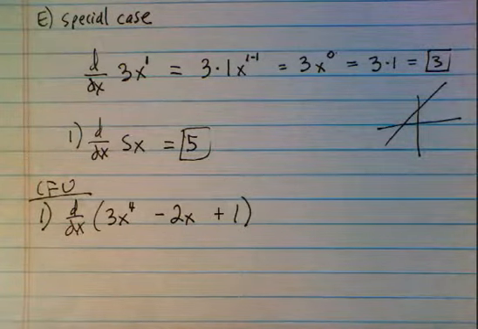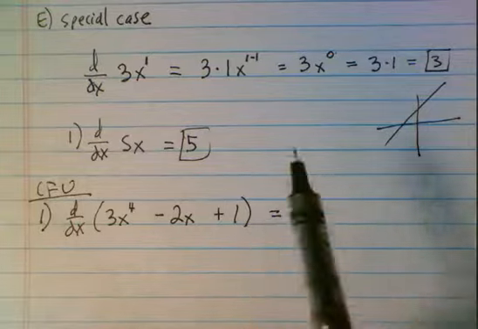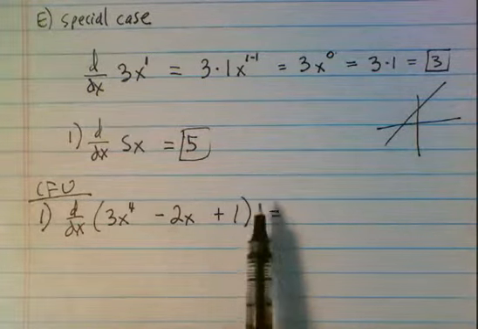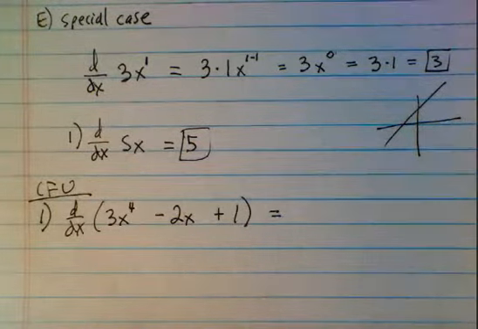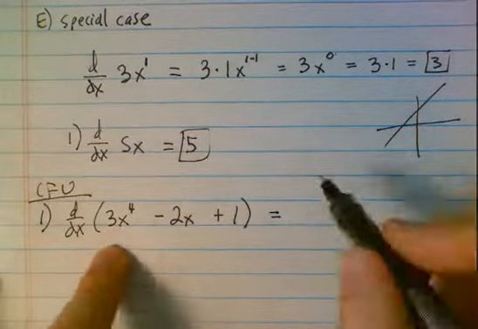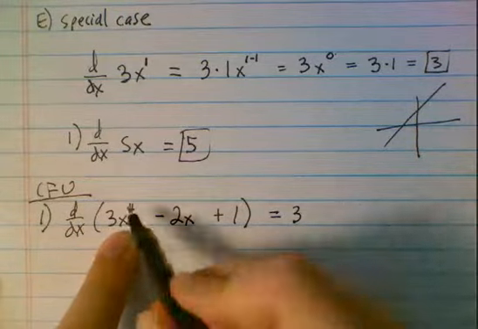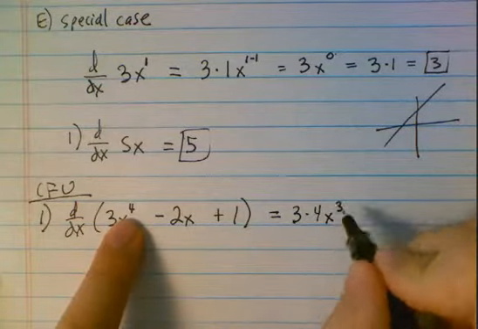Pause the video now. So the first thing to remember is the sum and difference rules, simply that when these are added and subtracted, we just treat them each separately. And we also remember that the variable here is just along for the ride. So we'll look first at this one, the 3 is along for the ride. Then we use the power rule, bring down the 4, subtract 1 from the exponent.